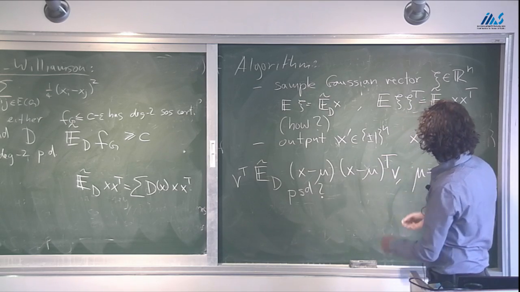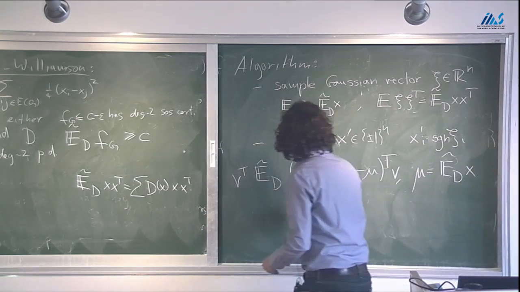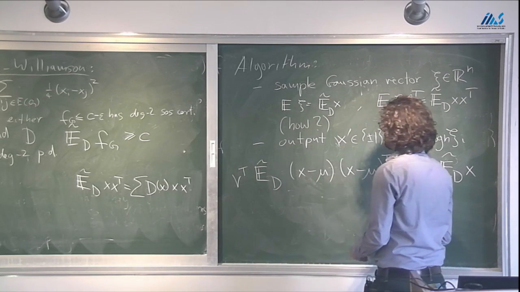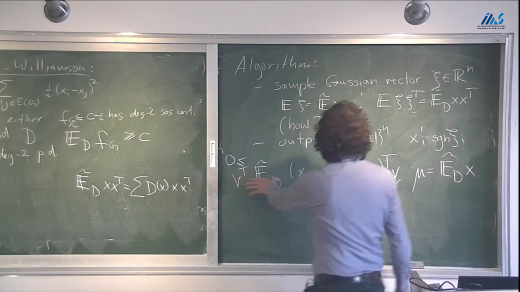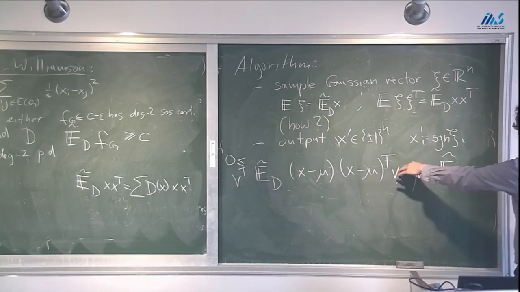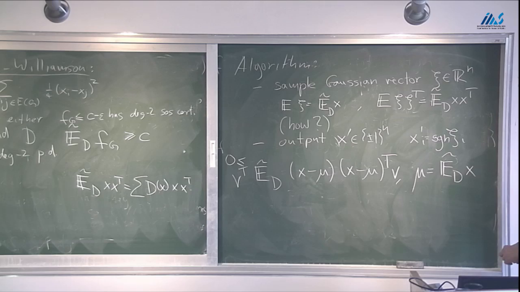We want to show that the quadratic form evaluated at any v is non-negative.